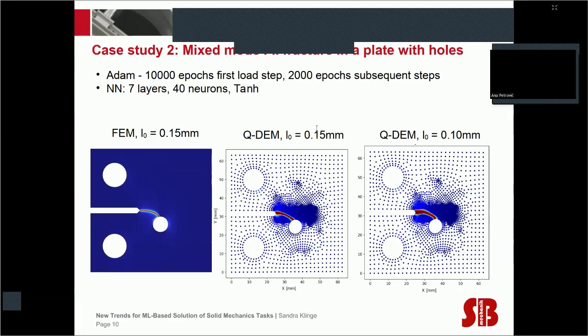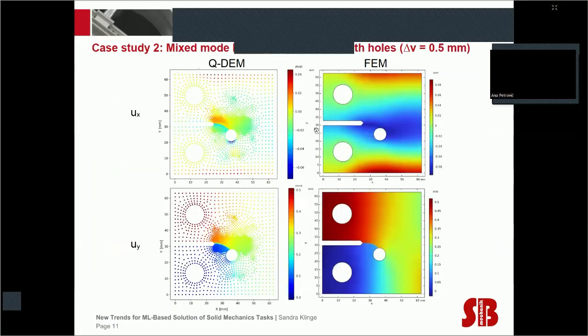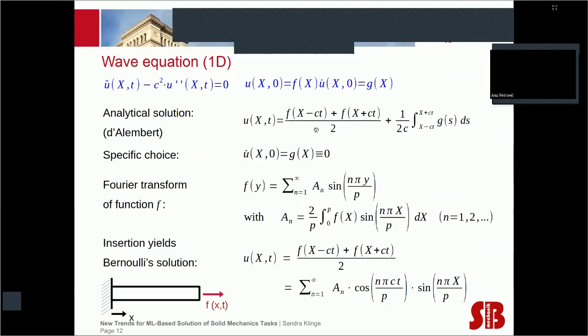In this case, we were able to simulate much more complex configurations, and for example, to reconstruct the damage and the crack propagation in the case of a plate with several holes, where we have a mixed mode of fracture. Again, here you can see also a comparison with the finite element method and displacement in both directions. So in the next part of the talk, I would like to tell something about another problem.